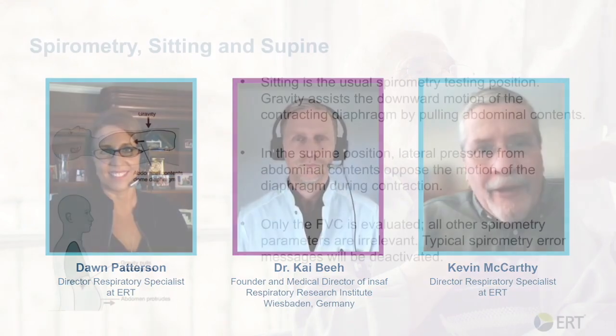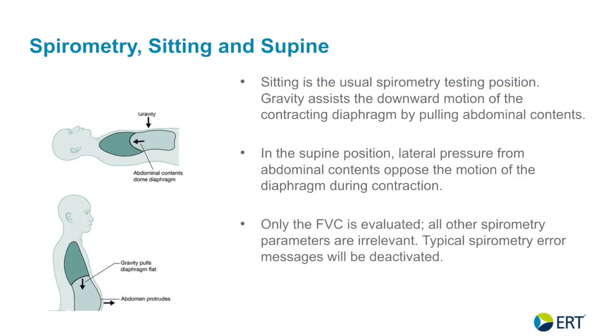And in fact, in the early stages, when respiratory muscle involvement is minimal, you may see a fairly well-preserved vital capacity. That is, when compared to the broad range of normal predicted for that subject, it may not raise any flags. And as we were looking at that slide, the sitting and supine, as Dr. B mentioned, the abdominal contents in the supine position represent a challenge test for the diaphragm function, as it were.